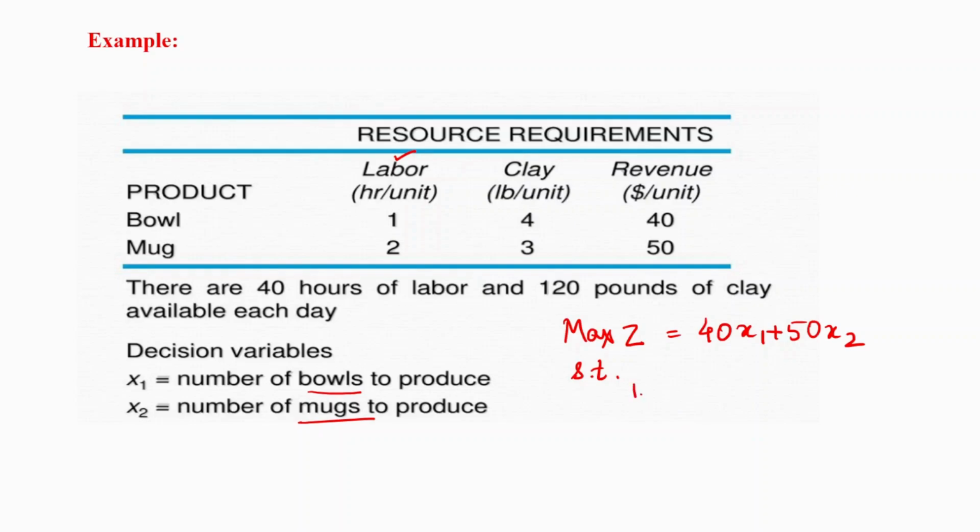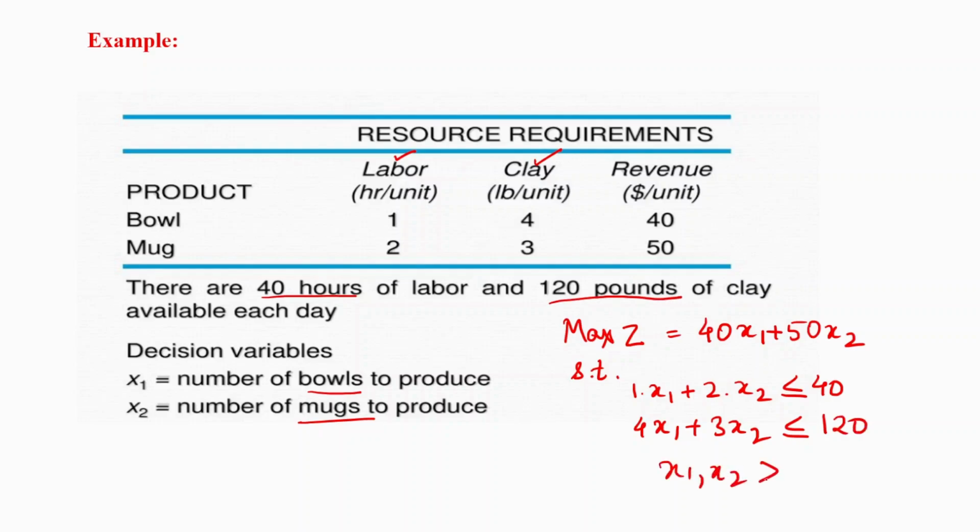It would be 1 multiplied by x1 plus 2 multiplied by x2, less than or equal to 40 hours of labor. And the second one, for the clay, would be 4 times x1 plus 3 times x2 less than or equal to 120 pounds, which is the maximum limit, where x1 and x2 are greater than or equal to 0.